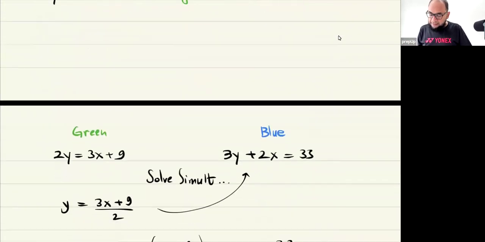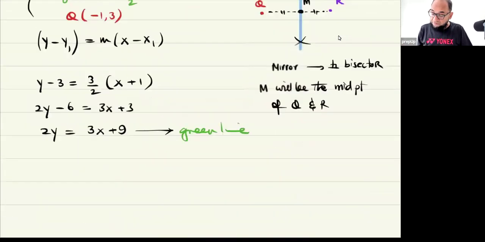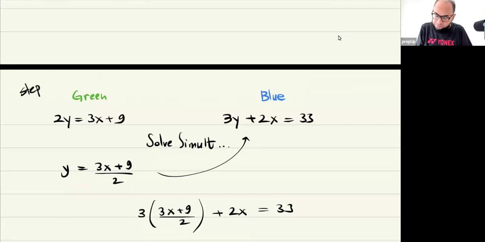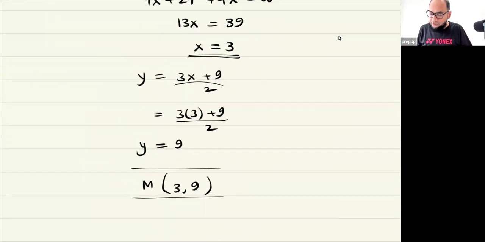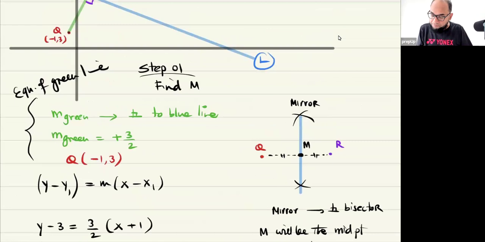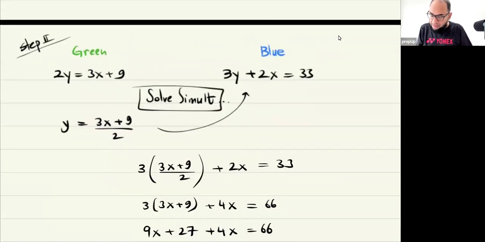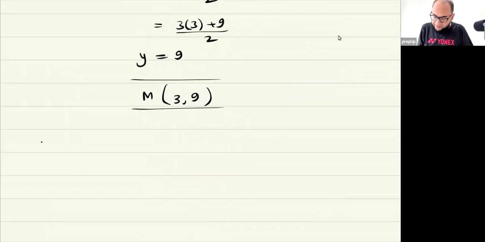And then the next part, that is step 2: solve simultaneously to find the coordinates of M. So these two steps are for finding M. Let me just erase this. That is step 1, find the equation of the green line. Step 2, find M. Step 3, that is the final step.